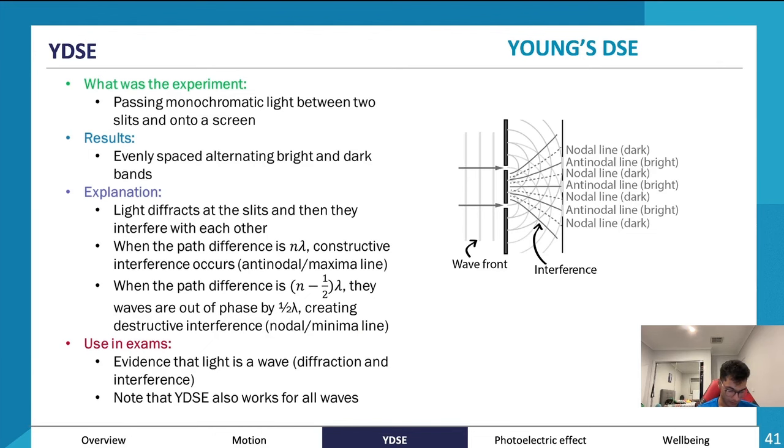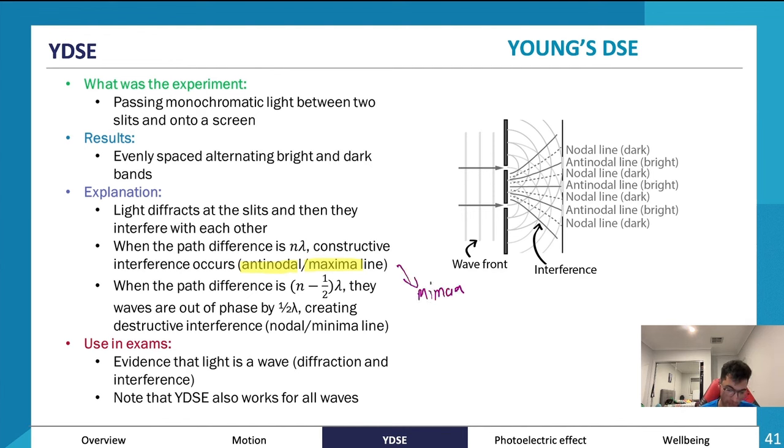Cool, so this brings us to Young's double slit experiment, and hopefully this is something that is a bit more recent. With Young's double slit experiment, when you're explaining these types of questions, you want to include keywords such as antinodal lines, nodal lines, your maximums, your minimums or minima.